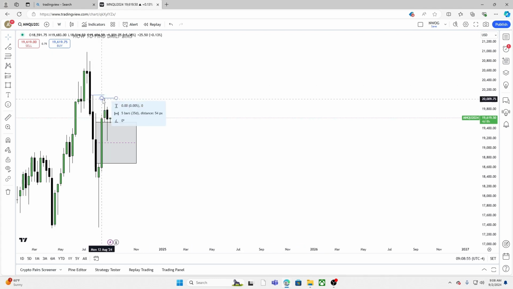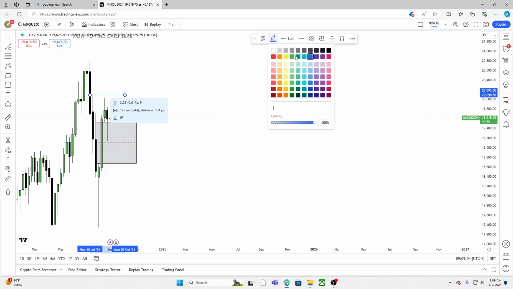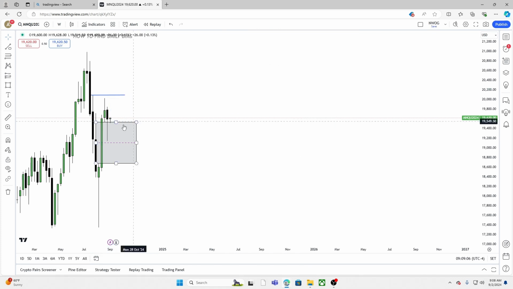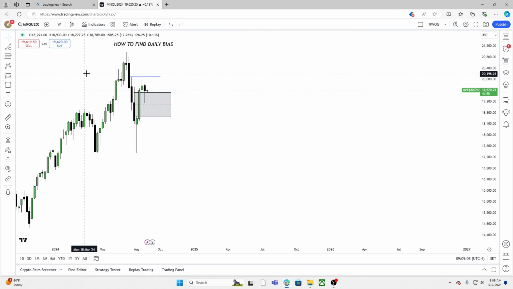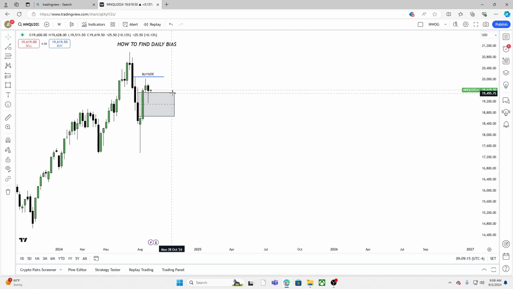Since these are relative equal highs right here, I actually just want to see price run up to this high. Boom, buy side liquidity. Hold up, let me write that down real quick.